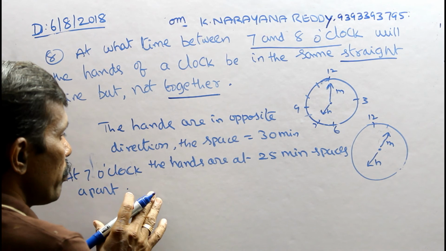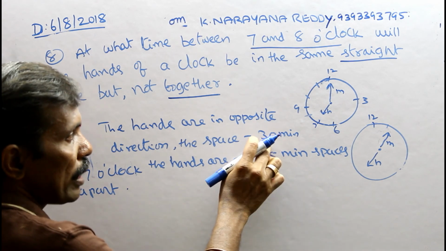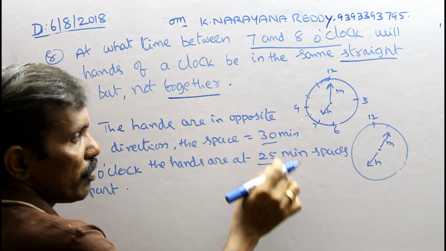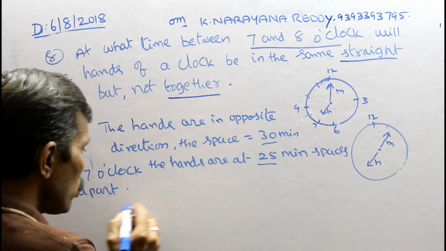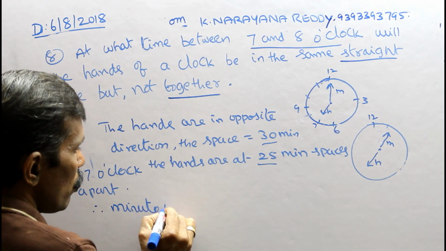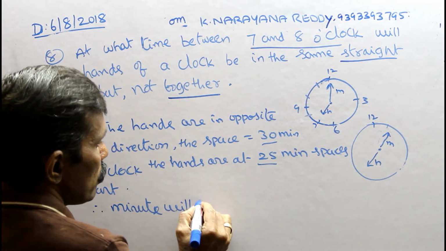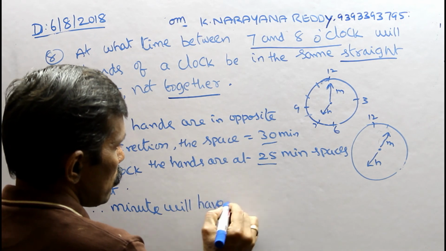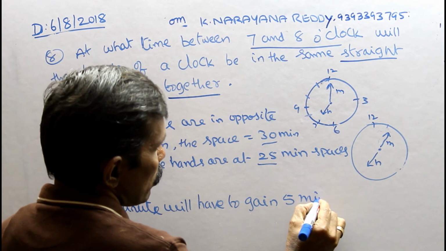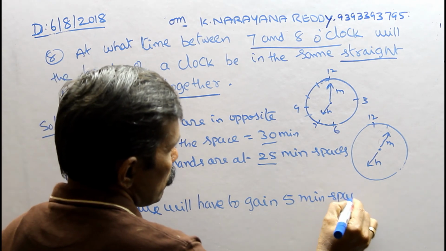So the minute hand will gain to make 30 minutes space apart, which means it gains 5 minutes. Yes or not? What is the difference between these two? 5 minutes. So therefore the minute hand will have to gain 5 minutes spaces apart.